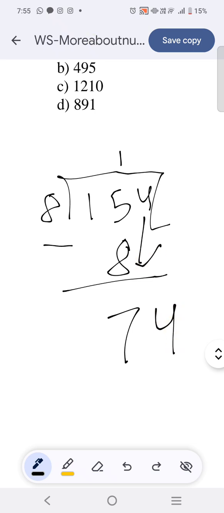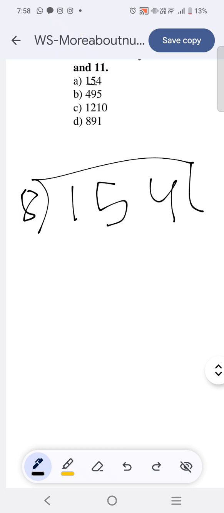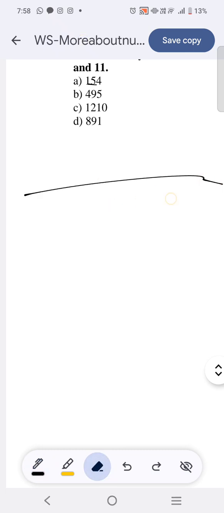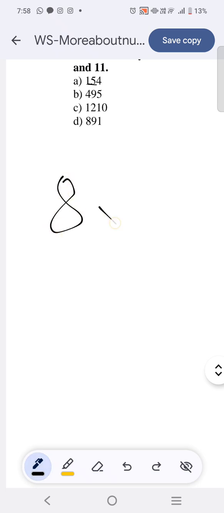Okay, now students, the last digits of 154 are 154 itself, so we'll have to do another working option, which is that we have to first see 8 into what is equal to 154. So 8 into 19 is 152.